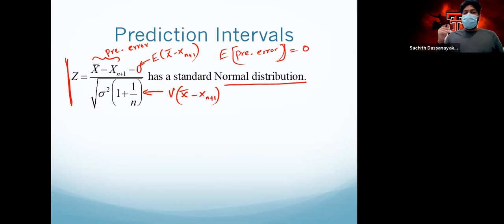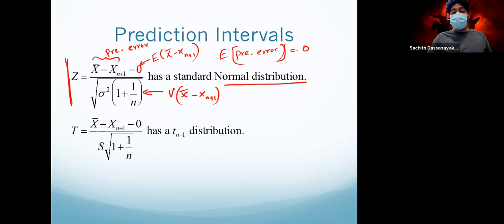What happens if we have a t distribution? This is not Z anymore, this is going to be capital T, same here. But do you remember, in the t distribution we don't have sigma, the population standard deviation.